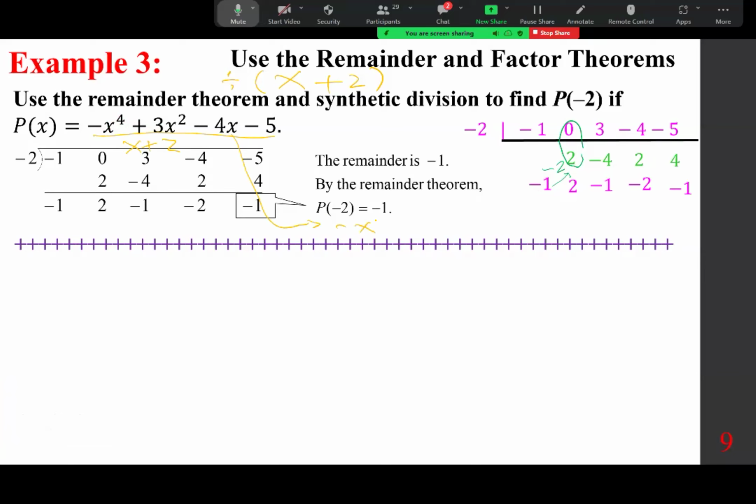You get minus x cubed, then 2x squared, then minus x, then minus 2, and then minus 1 over x plus 2. So again, the idea is this. These are the coefficients of the quotient, and the degree, this is 4, goes down to 3 and then moves on. That's the meaning.